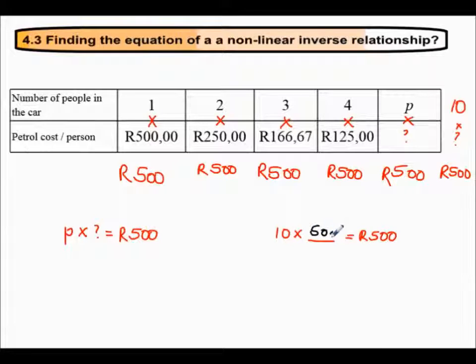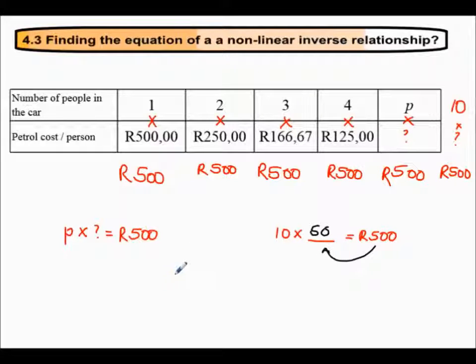We know that, but when the equations are more difficult, we need to have a method to do this. So we know 500 divided by 50 will equal 10.